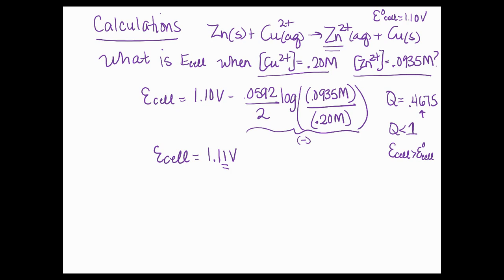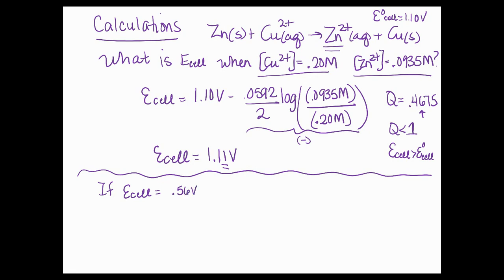Okay, so that's one type of calculation, very straightforward. Another thing I could ask you: if E of cell is 0.56 volts and the copper ion concentration is 0.0032 molar, what is the zinc ion concentration?